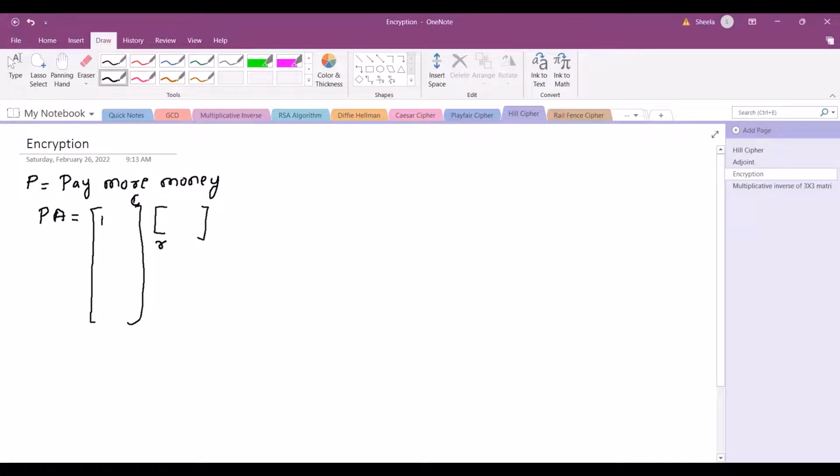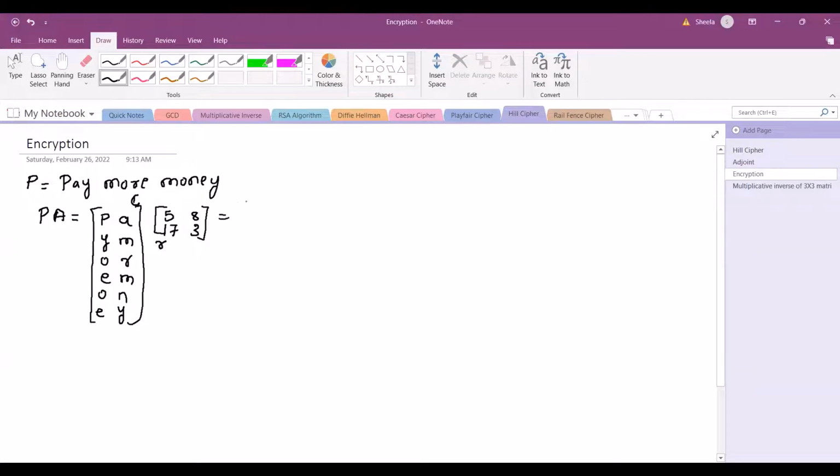So now I'll write this as P A Y M O R E M O N E Y, and the matrix I have is 5, 8, 17 and 3. This is the key matrix and this is the plain text matrix.